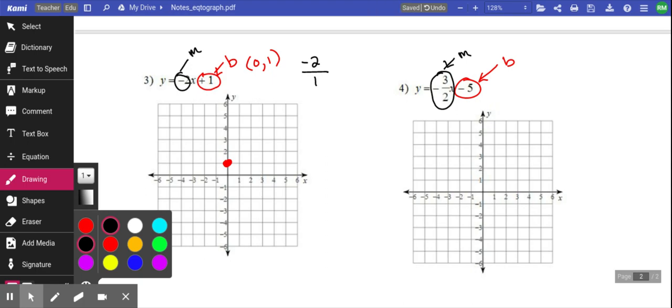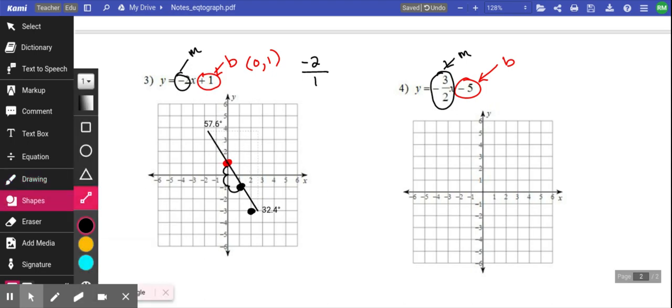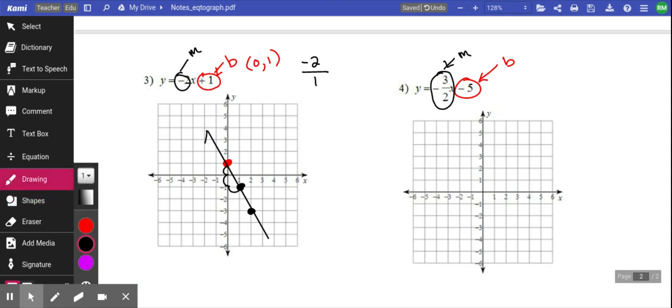So we can go down 2, 1, 2, and over 1, and plot a point. Down 2 and over 1, plot a point. And then we're going to draw our line.